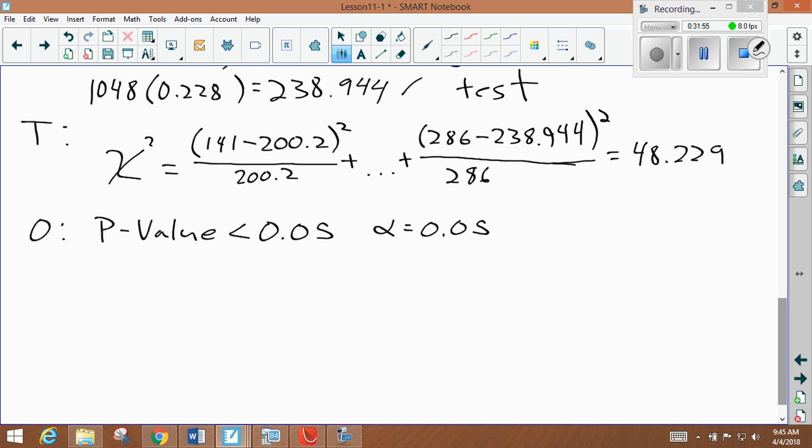And we need to say with 4 degrees of freedom. We need to talk about how many degrees of freedom there is.